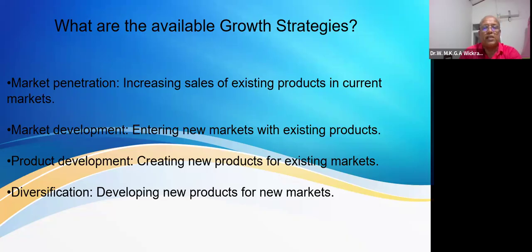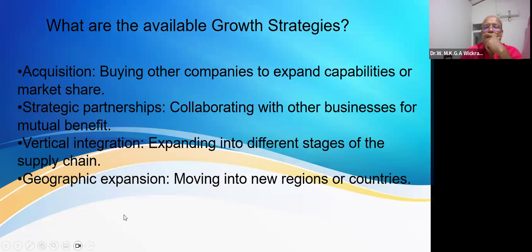So these 4 strategies are all growth strategies. That is with your existing product going to a new market, and going with a new product, all related to the product and markets.